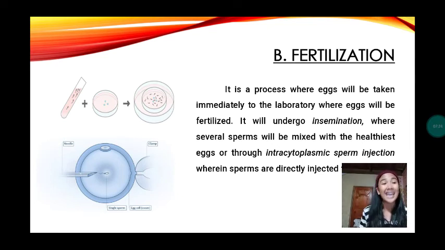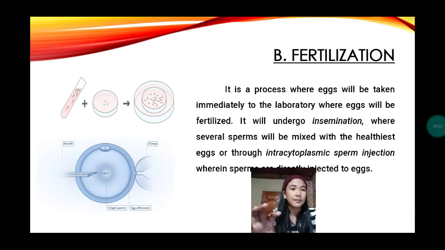It will undergo insemination where several sperms are mixed with the healthiest eggs, which is what we can see in the first picture above. Or through intracytoplasmic sperm injection, wherein sperms are directly injected into the egg cells, which you can see in the second picture, the blue one.